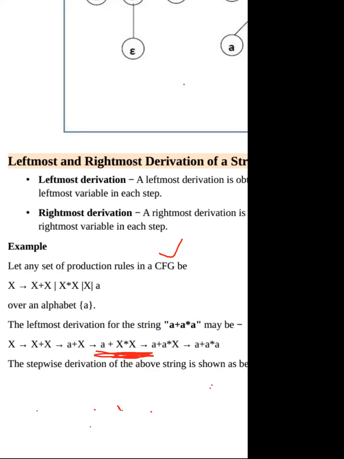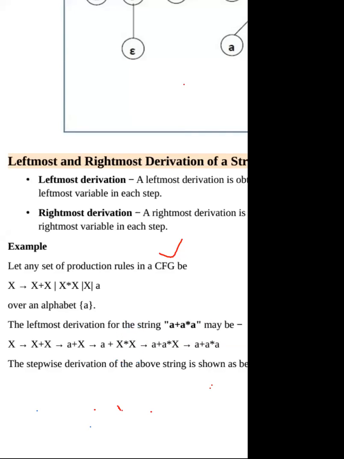Now again there is a question of leftmost or rightmost, because on the right hand side we again have more than one non-terminal, x and x. So which one is leftmost?